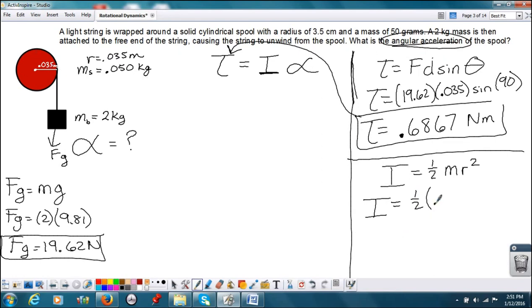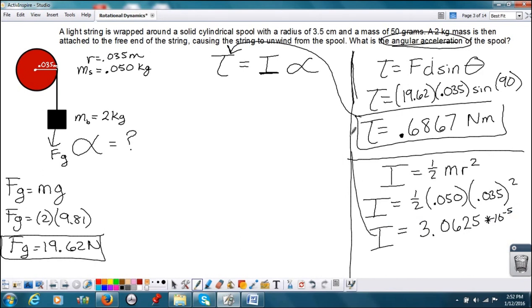So it's 0.050 kilograms times the radius, which is 0.035 meters squared. So the moment of inertia is going to be 3.0625 times 10 to the -5th.